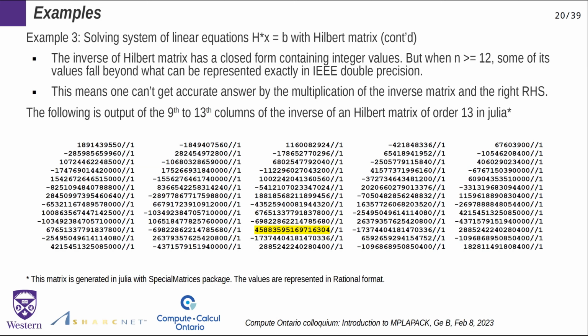Okay, the double slash signs and over 1 mean this representation is in rational form. It is not an integer and not floating point numbers, but it is in a rational format in Julia.